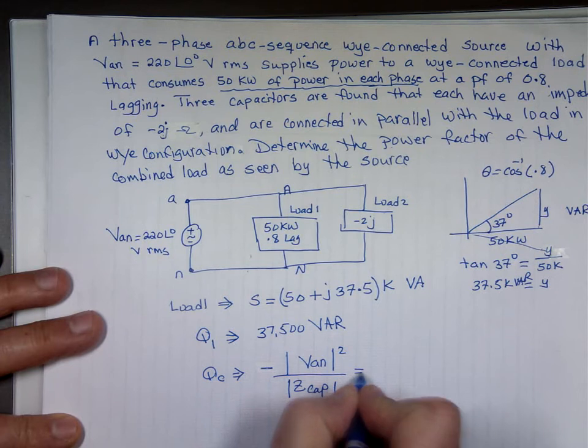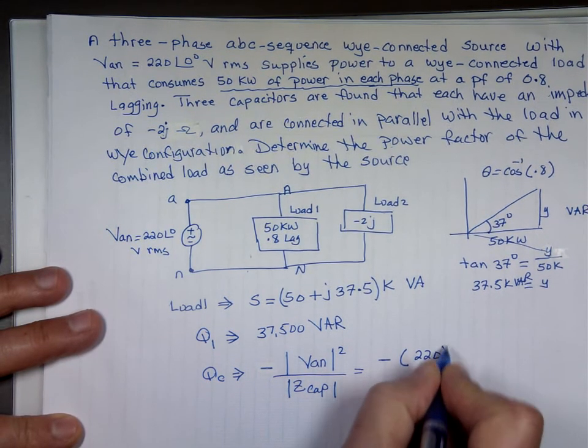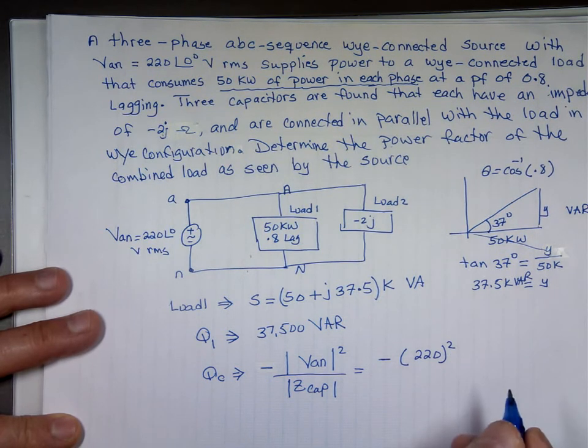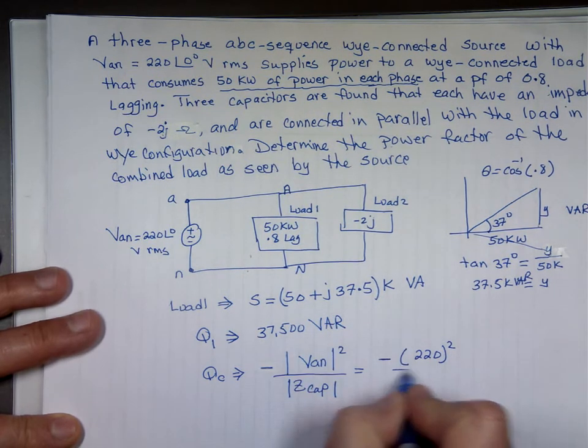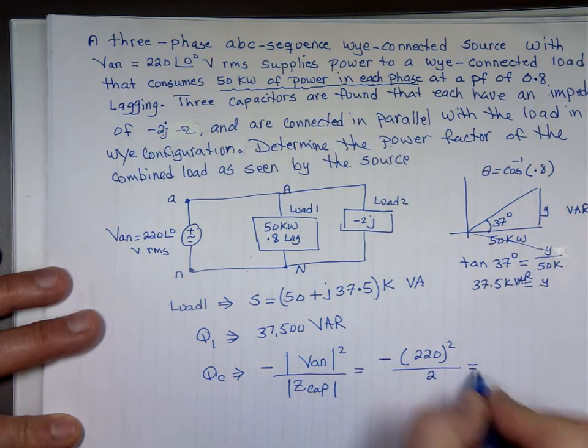So that's a negative 220 squared. I think 220 was it? Yeah. Divided by the magnitude of the capacitor impedance, which is 2.